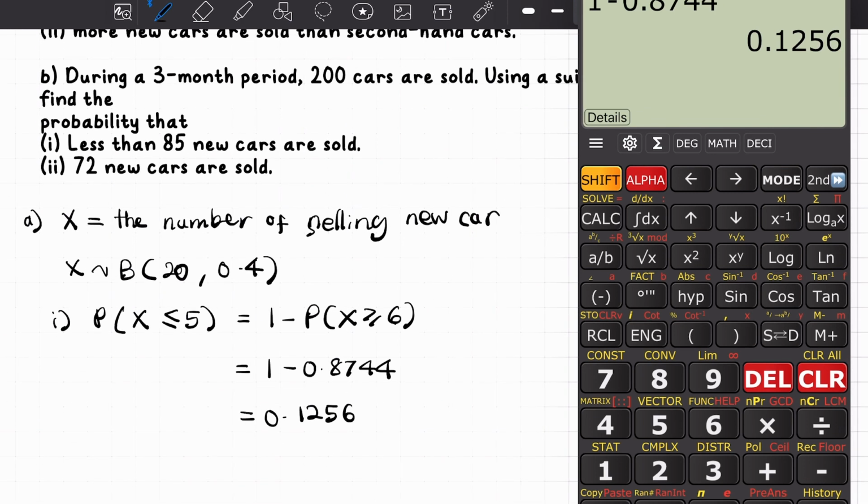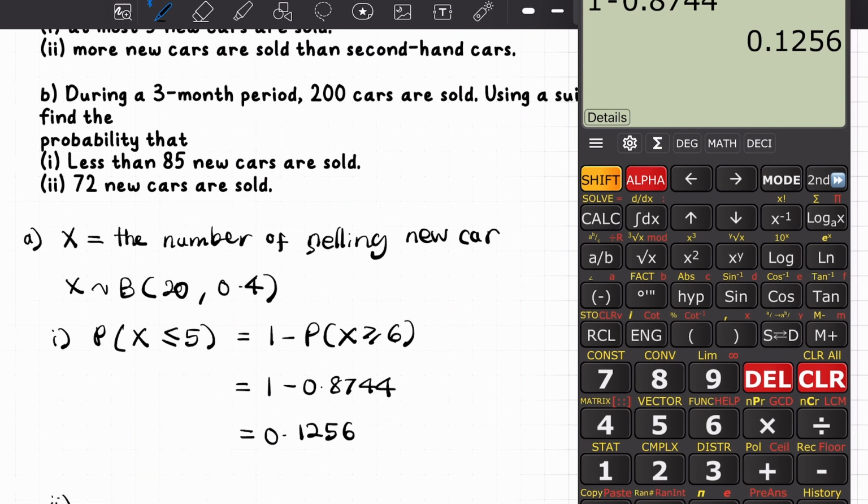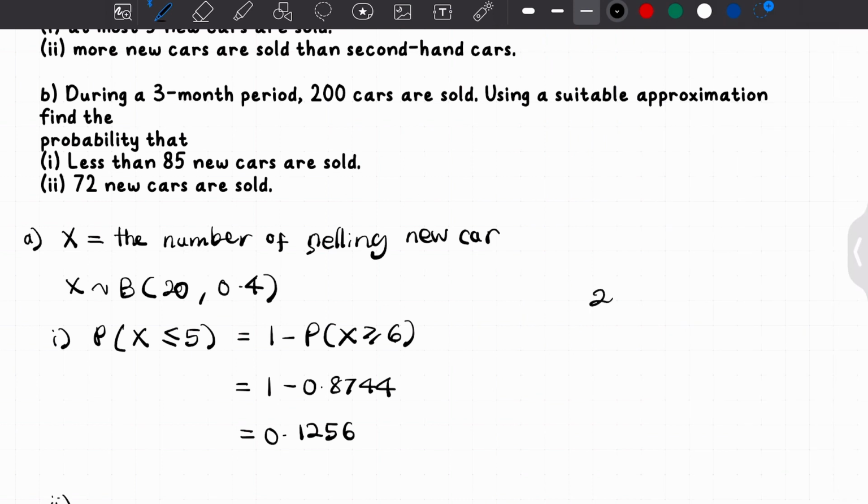So the second question: more new cars are sold than second-hand cars. We have 20 cars, consisting of new cars and second-hand cars. If we divide by 2, we have 10 new cars and 10 second-hand cars. So if we would like to sell more new cars than second-hand cars, we need to sell more than 10 new cars.